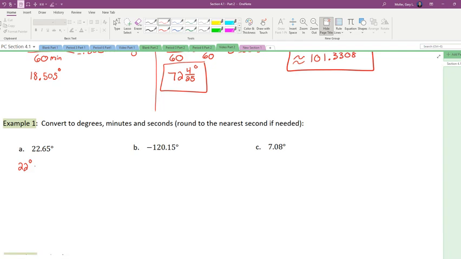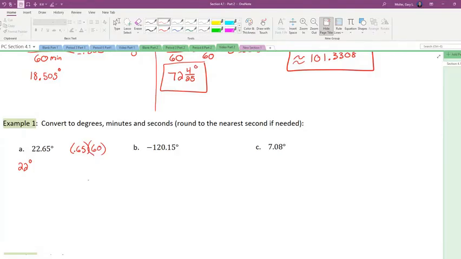Well, if we divide by 60 to find the decimal, we're going to then realize that we are multiplying by 60 to get the minutes and seconds. Because you have 0.65 of what? You have 0.65 of another hour, but another hour is 60 minutes. So all we're going to do is take our 0.65 and multiply it by 60. 65% of another whole hour, or 60 minutes.